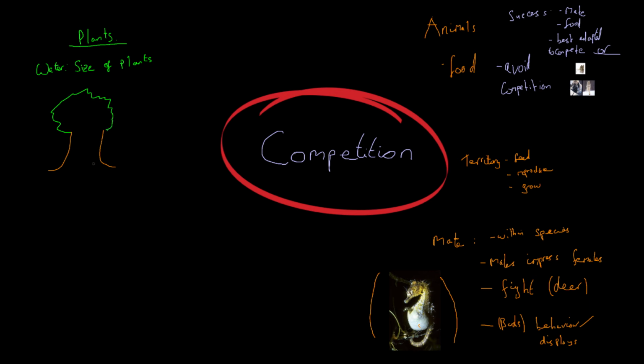That's our tree. Now what's going to happen when the seeds of this tree fall off? They will land like here and they'll land here. And so then if new trees grow from this tree, they will be competing directly with the original tree for water. And so that's not really a very stable way of doing things.